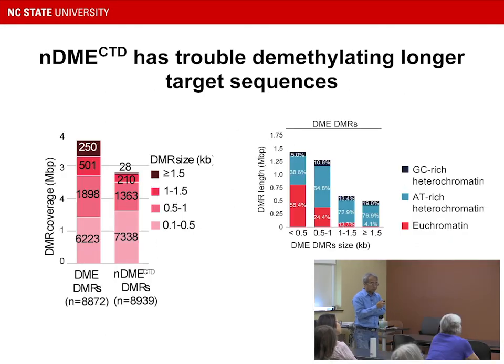Okay, so another way to look at the endogenous targets: we group the target sites based on their length and the overall base pairs they cover. So DEMETER covers roughly close to 4 million base pairs, and a lot of the target sites are longer than 1 kb, especially 1 kb and 1.5 kb.